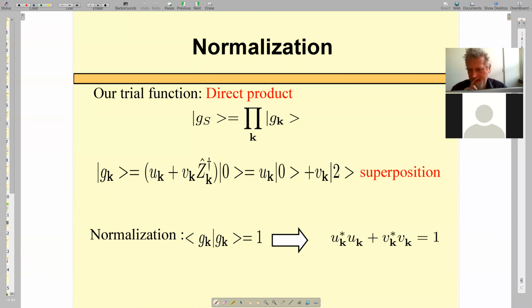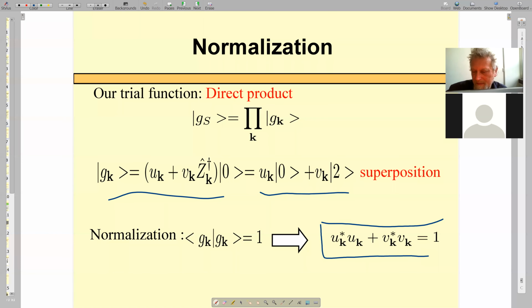But first, we would like to normalize this function. That's easy because it's just normalizing individual superpositions. This normalization gives a condition on u and v.